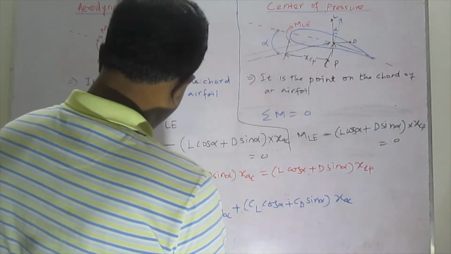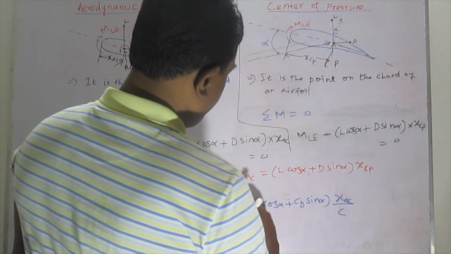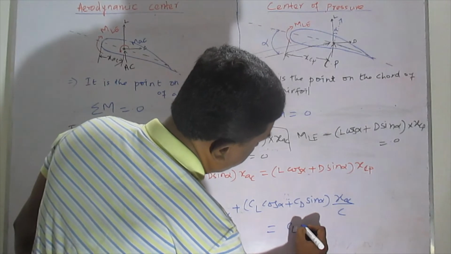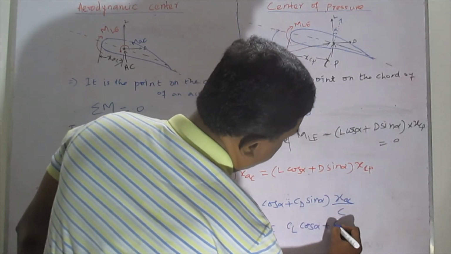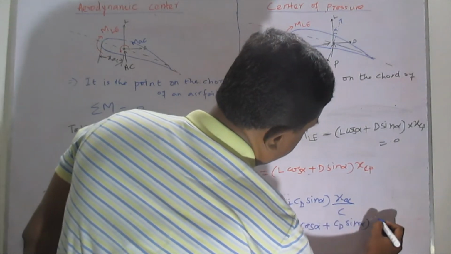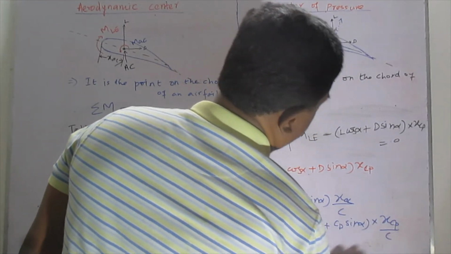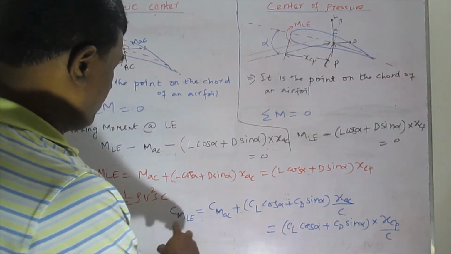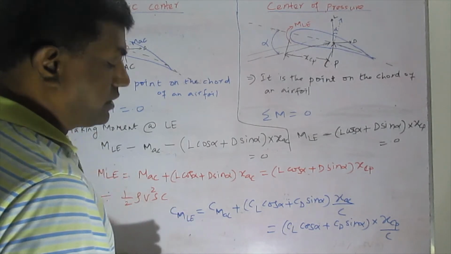In this case the C will be remaining, so that we can put it here. Similarly, that is equal to CL cos alpha plus CD sin alpha into XCP by C. So here also we will be having C. So after dividing by half rho V square, we are getting this relationship.